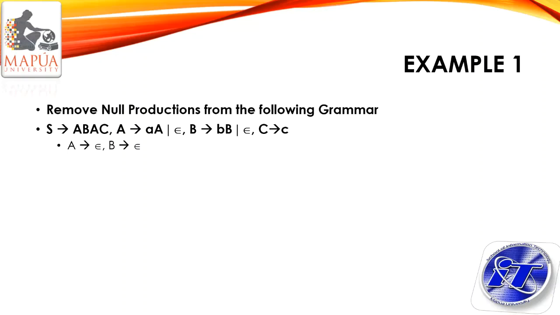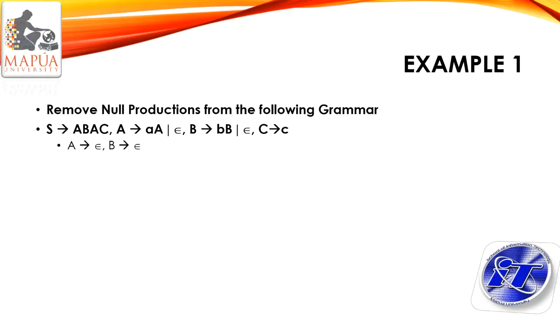So let's start with A first. Locate all production rules that relate to A. We have S and A itself. Let's start with S. We have two A's in S, so two means four combinations in applying null to our rule.